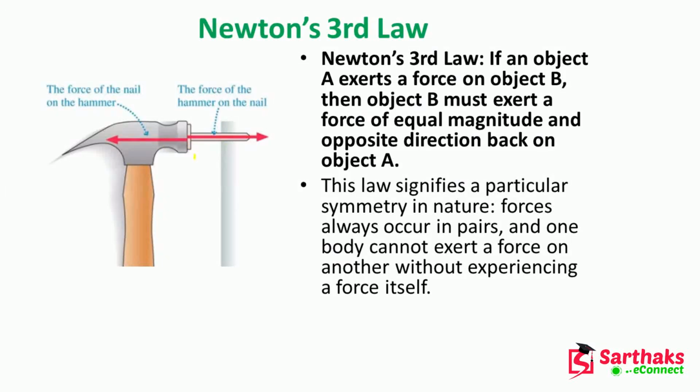So Newton's third law: if object A exerts a force on object B, suppose here object B is the nail and object A is the hammer, then object B must exert a force of equal magnitude and opposite direction back on object A. So this law signifies a particular symmetry in nature. Forces always occur in pairs.